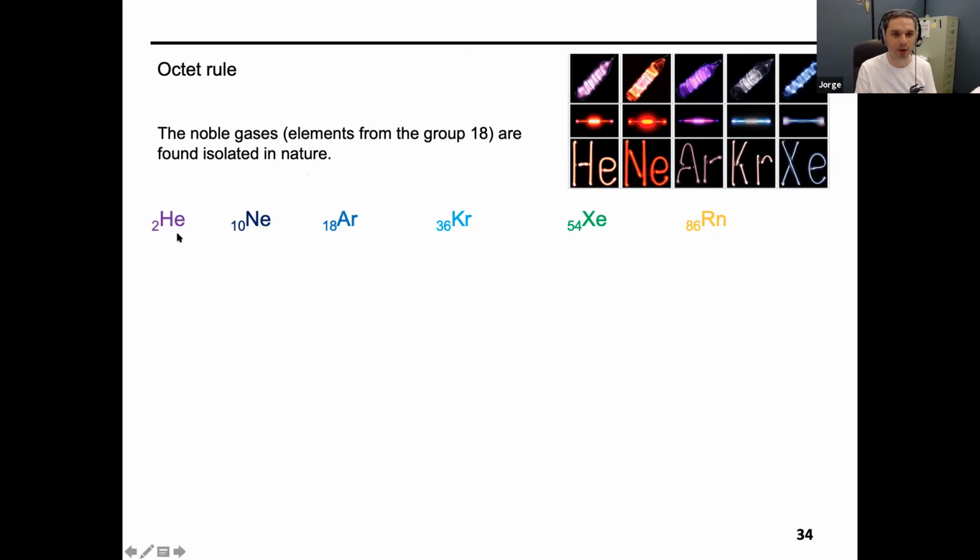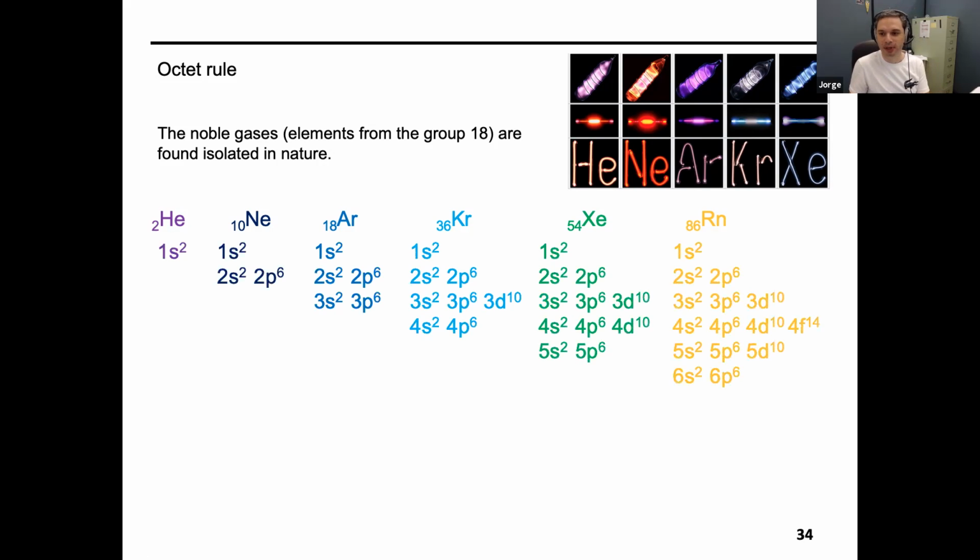We are talking here about helium, neon, argon, krypton, xenon, and radon. 2, 10, 18, 36, 54, and 86 are the atomic numbers. If we look at the electron configuration of all of them, that's what we are going to observe. For now, I want you to forget helium for a moment, and let's focus our attention on neon, argon, krypton, xenon, and radon.